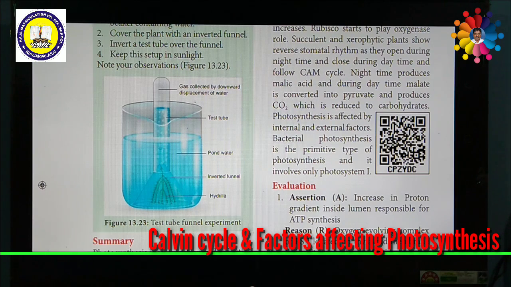In higher plants we have seen two photosystems involved, photosystem 1 and photosystem 2. But in bacterial photosynthesis, only one type of photosystem, photosystem 1, is involved.